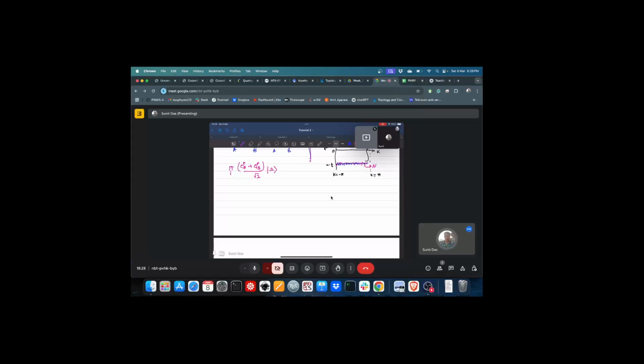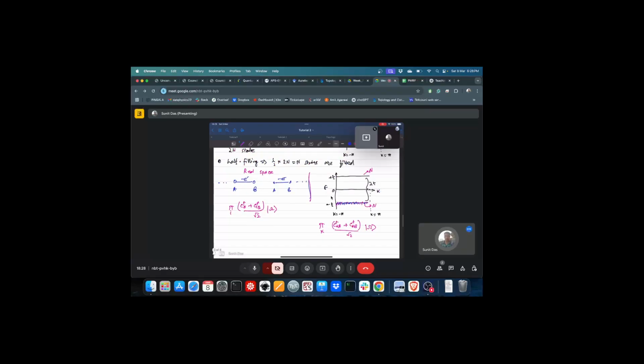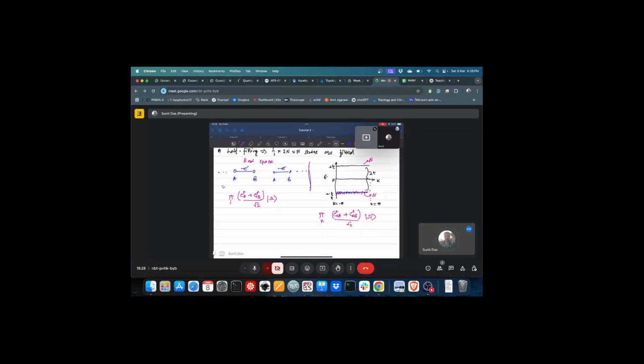And in the momentum case, again the same thing: the product over all k states of (c_kA† + c_kB†)/√2 operating on the vacuum state. If you look at this picture, the electrons are sitting at the unit cell.